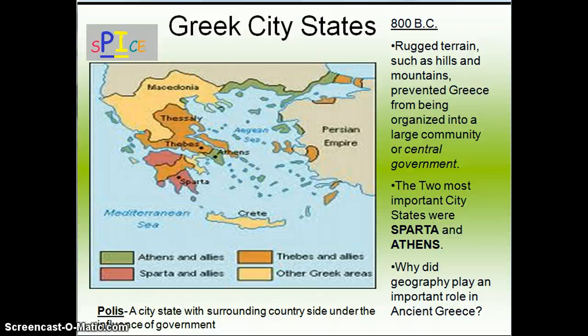Instead, there were a bunch of small city-states, which are also called a polis. A polis is a city that is its own government, in almost its own country, and makes its own rules, its own laws. There are two important city-states that we want to talk about, and they're called Sparta and Athens.